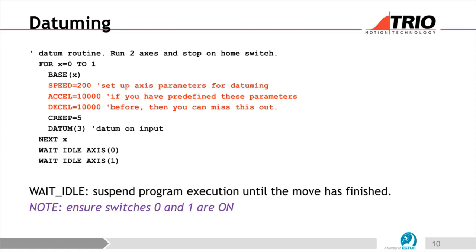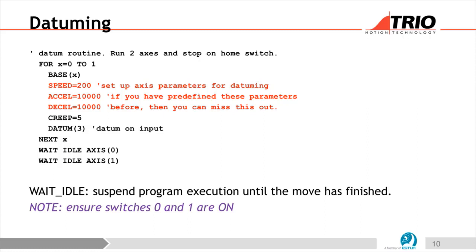Alright, so we go to the program right now. If you look at number 5 in your sheets, you have the datuming routine. You can do 5.3, but before that, let me go through some other things.